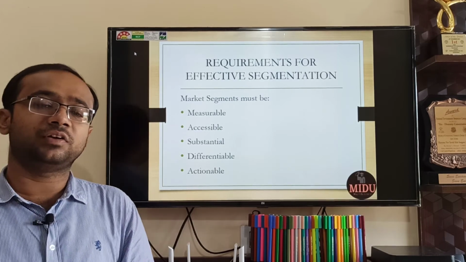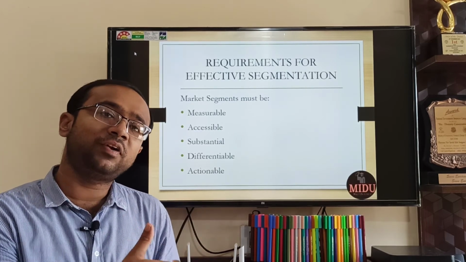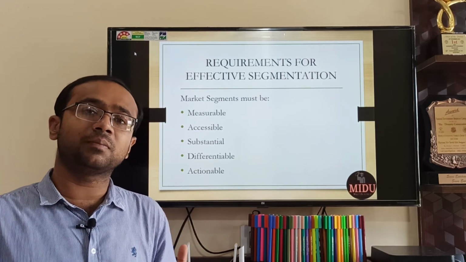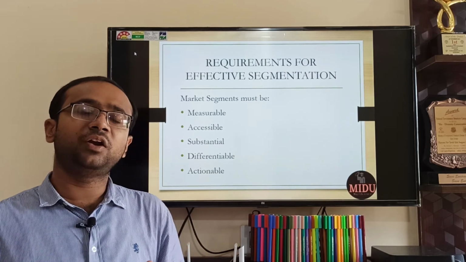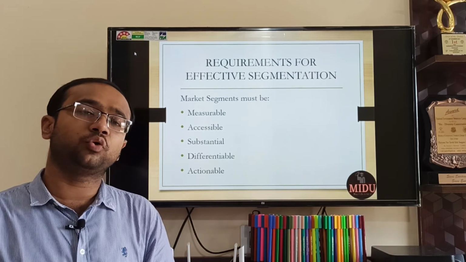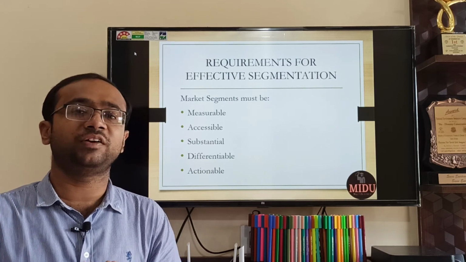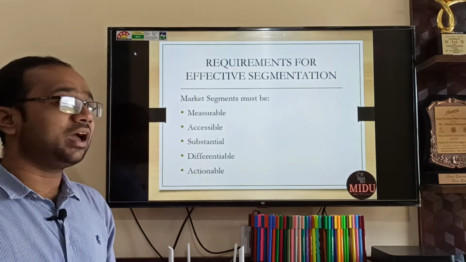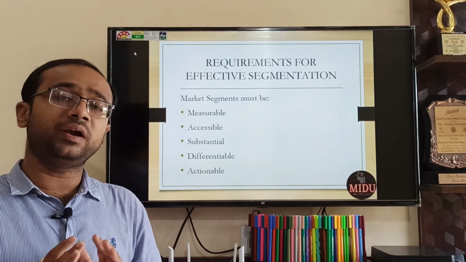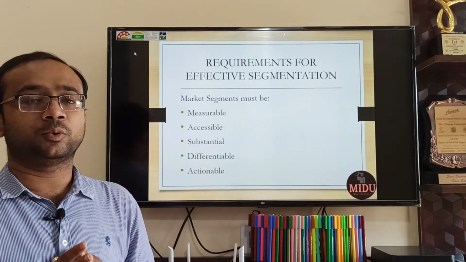Fourth, it should be differentiable. Differentiable means different from other segments. So if you are making 10 segments, the characteristics should be different. It should not happen that 3 segments in those 10 have overlapping characteristics. Then it is failing the test of differentiability. And fifth is actionable. Some action points should be able to be defined on that particular segment.